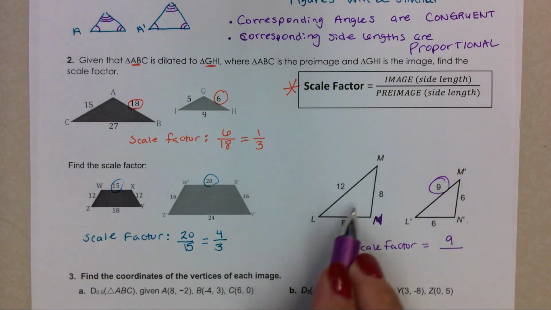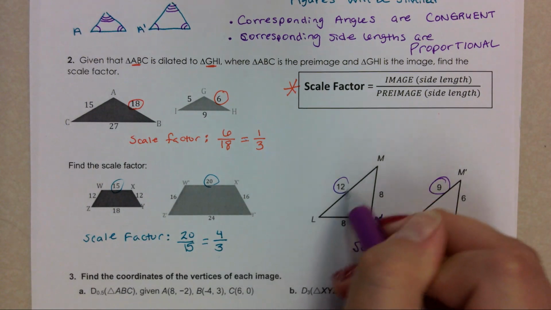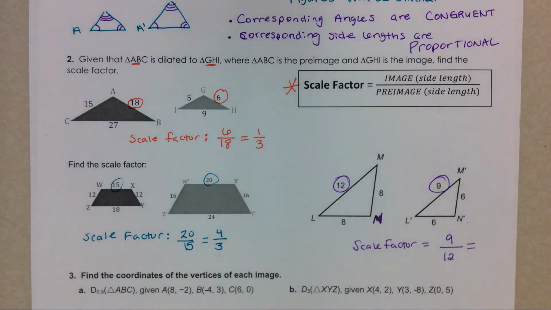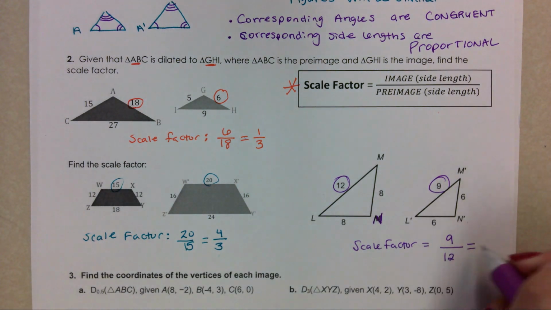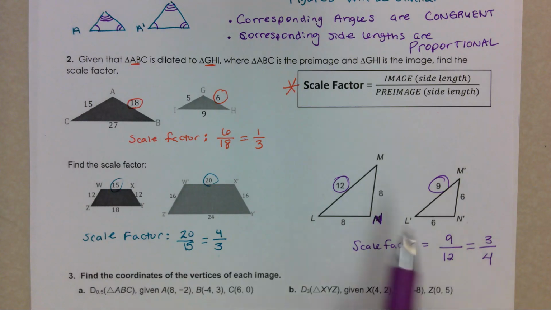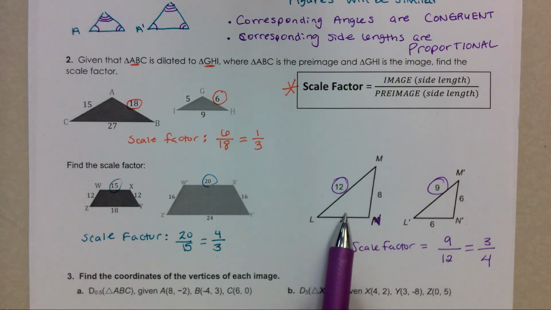And this was the pre-image then. And the corresponding side would be LM, which is 12. Simplify this. They're both divisible by 3. So 9 divided by 3 is 3. 12 divided by 3 is 4. So scale factor is 3/4. That is less than 1, which makes sense because we're going from a larger figure to a smaller figure.